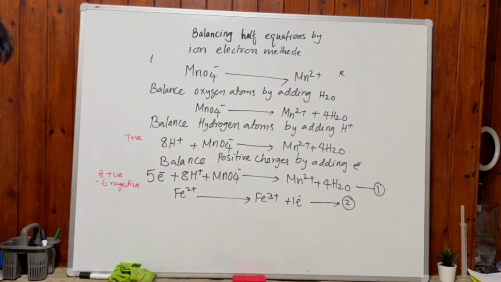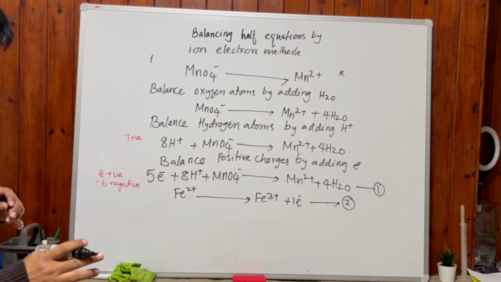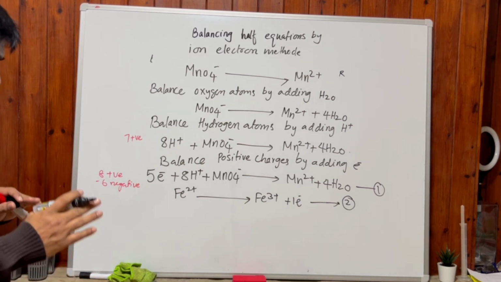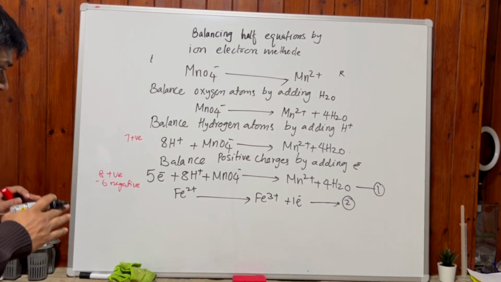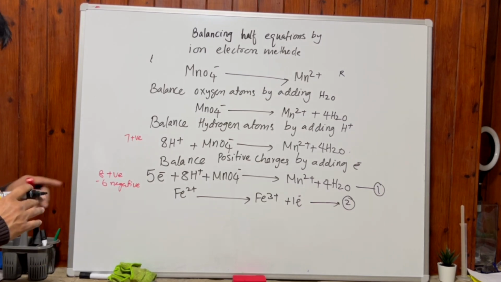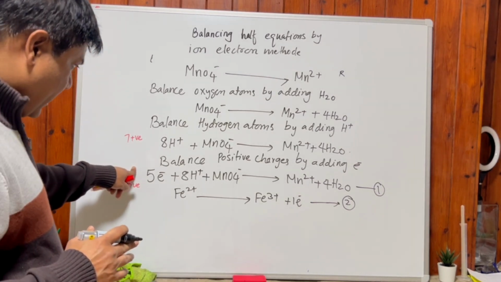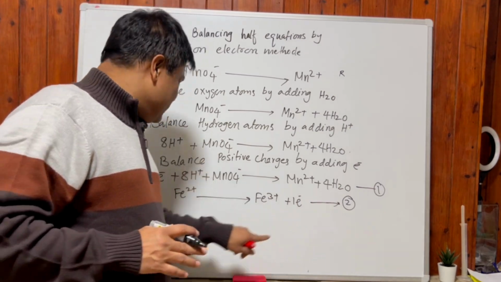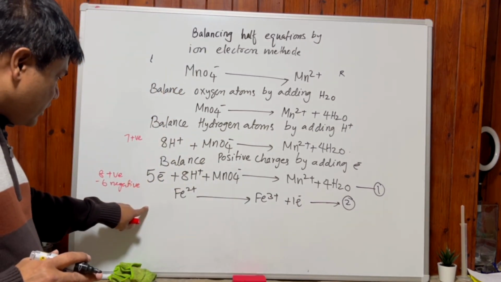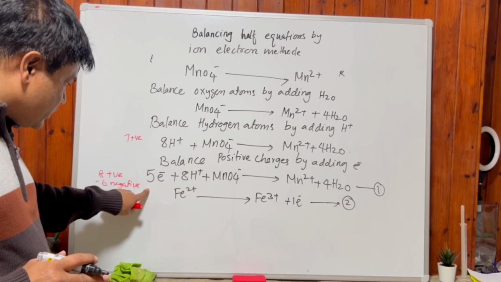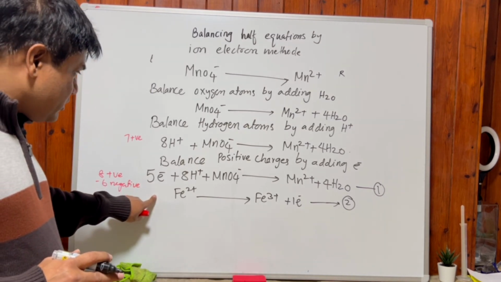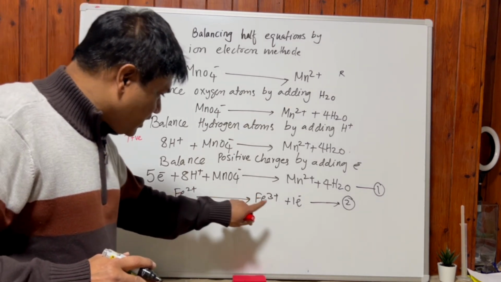How do I cancel the electrons? First of all, check the electrons should be on the opposite sides of the reaction. This is on the left side, this is on the right side. If the electrons are both on the same side, it means you have made some mistake.